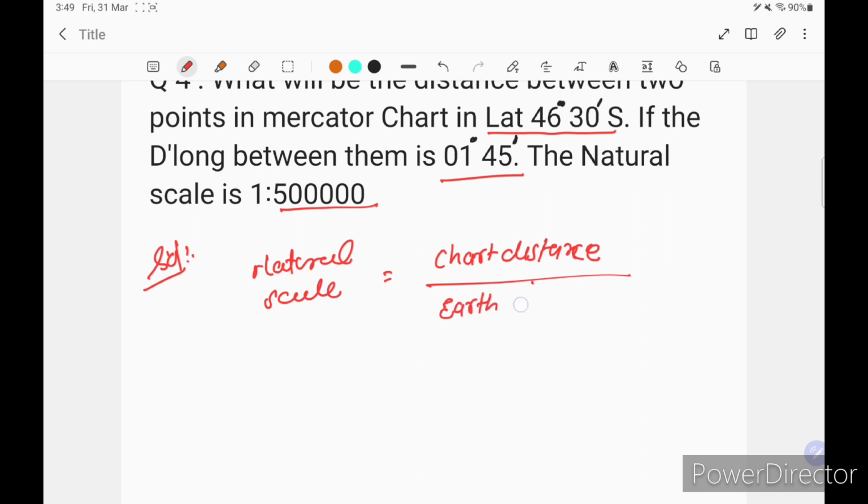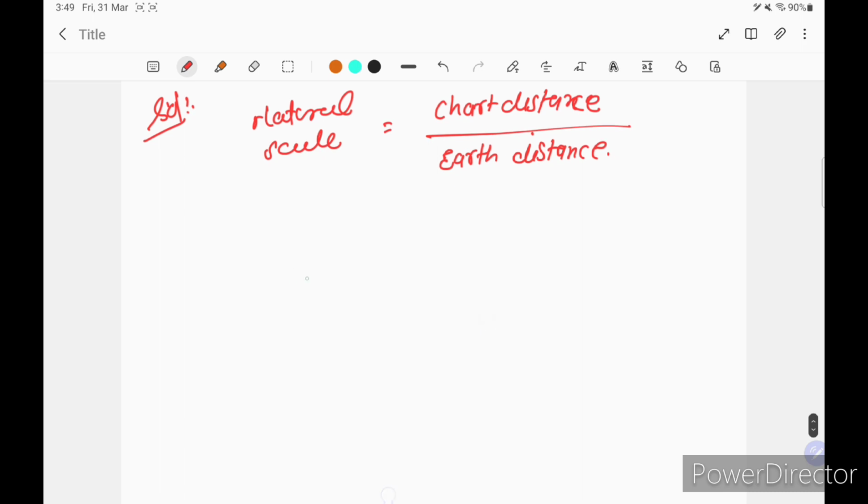Okay, you know this formula, we already discussed this formula at the start of this session. So we just write the values.